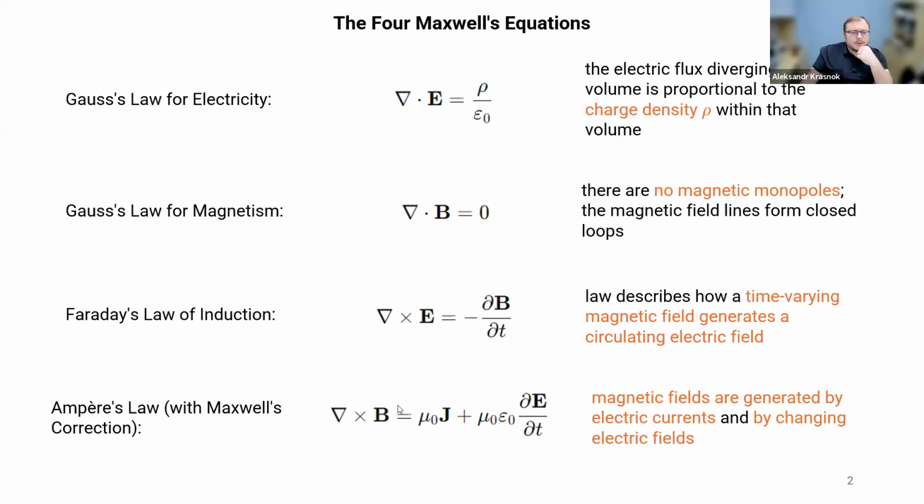And finally, Ampere's law connects the change of the electric field in time to the curl of the magnetic field, and also says that any current unavoidably creates a magnetic field.